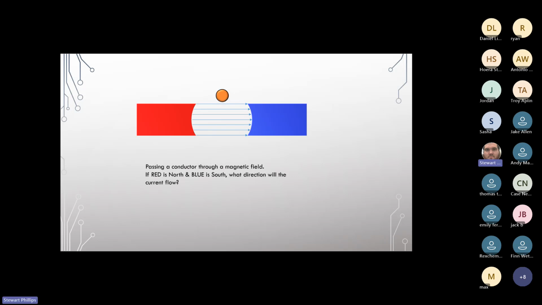As we move the conductor downwards through the magnetic field, the current flows away.